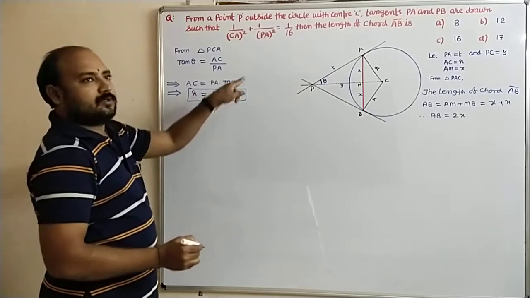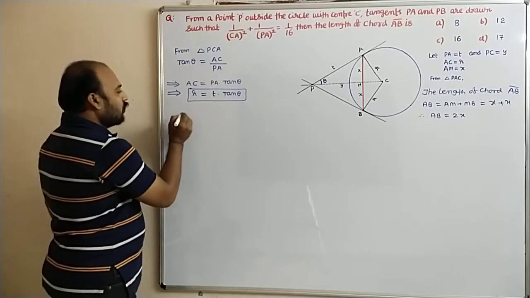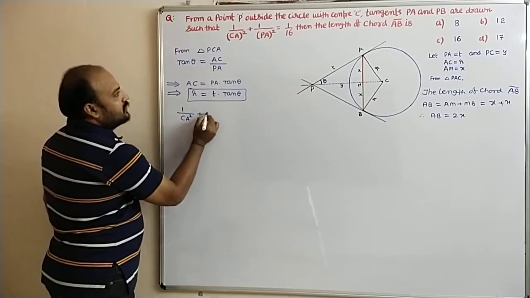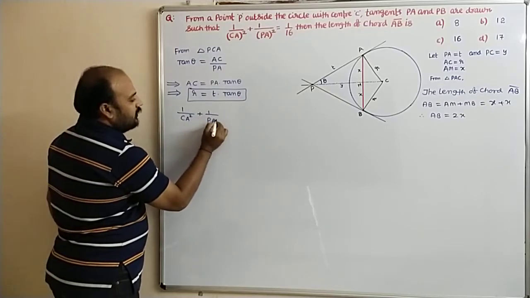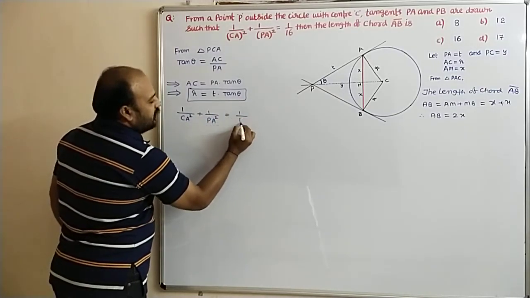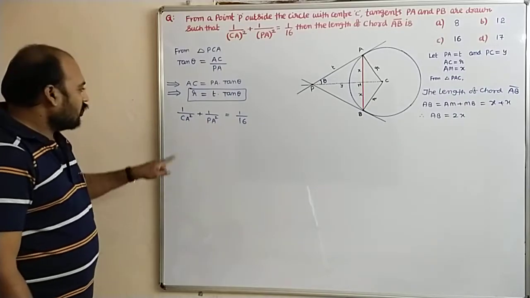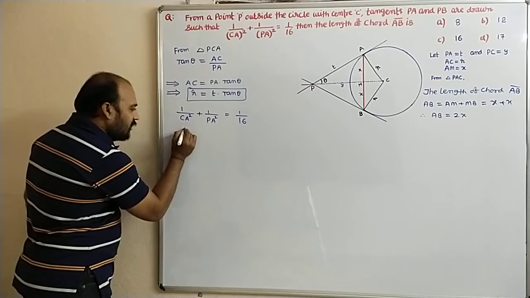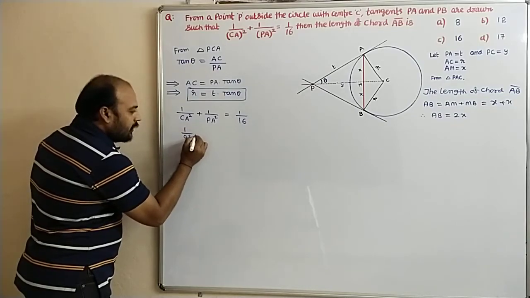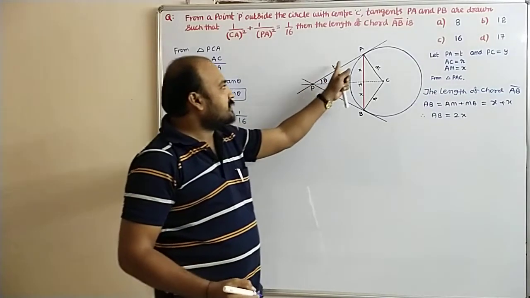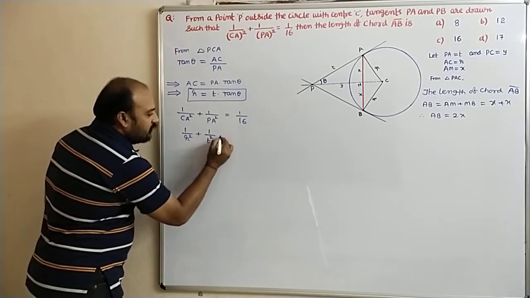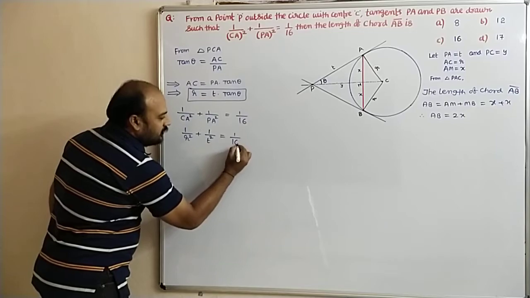Now come to the given condition: 1 by CA square plus 1 by PA square is equal to 1 by 16. What is CA? We assumed it as R. So that means 1 by R square plus PA, which I have taken as t, so 1 by t square, equals 1 by 16.